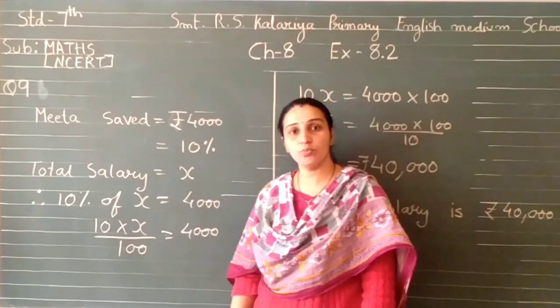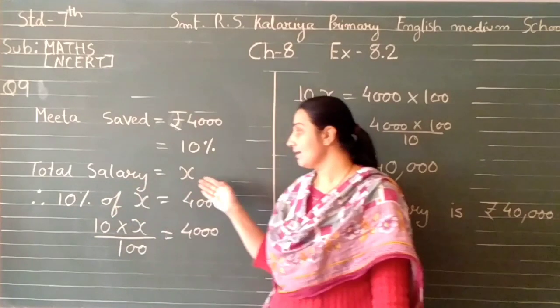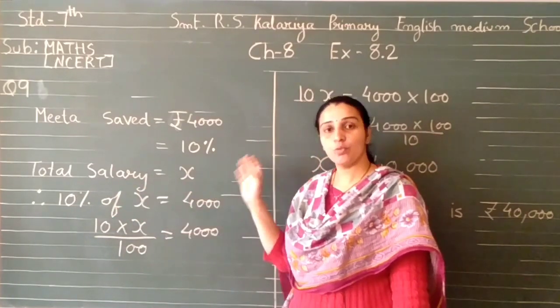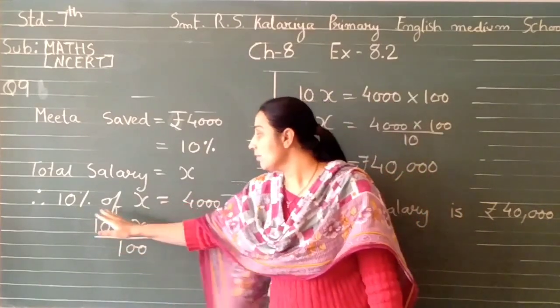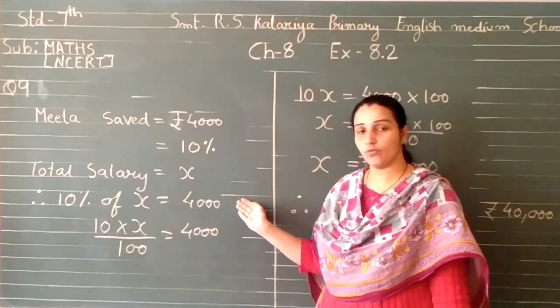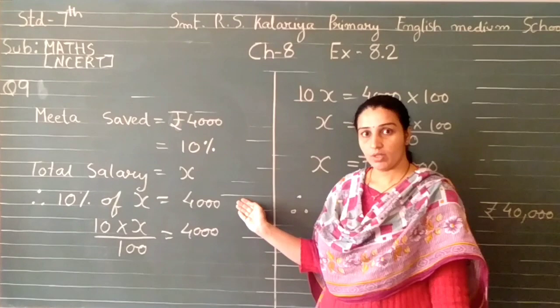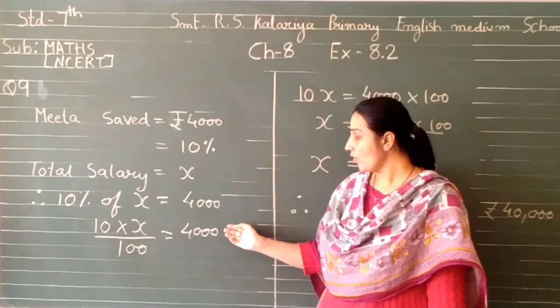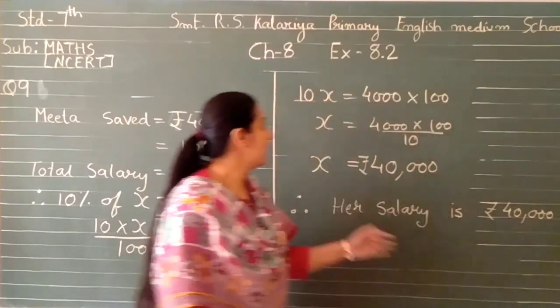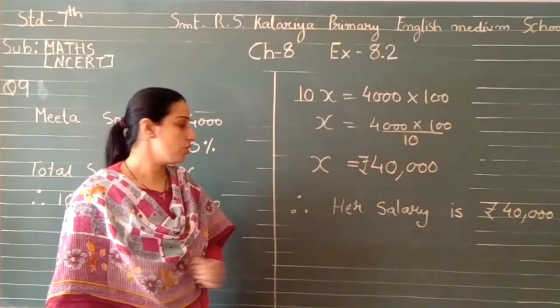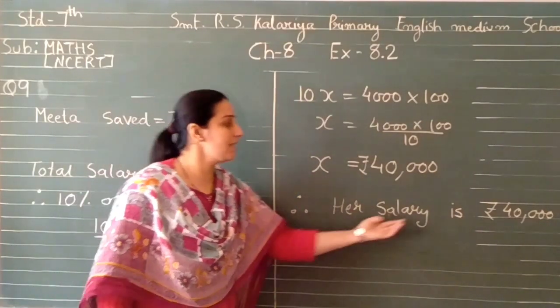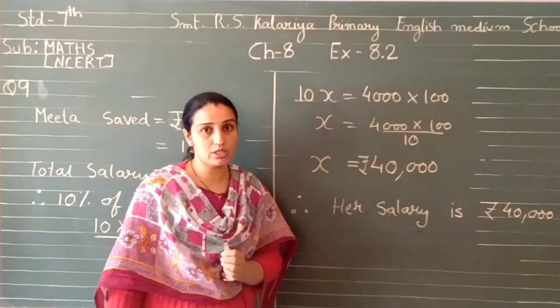So let us assume that total salary be x. By reading the question, we can say that 10% of x is equal to 4,000. By finding the value of x, we get that x is equal to 40,000. So therefore her salary is rupees 40,000.